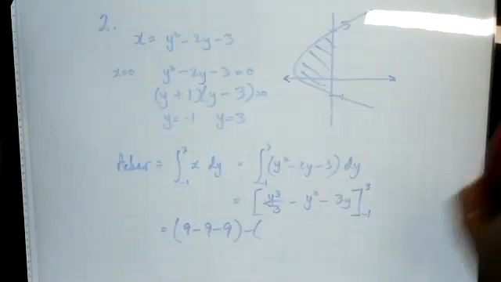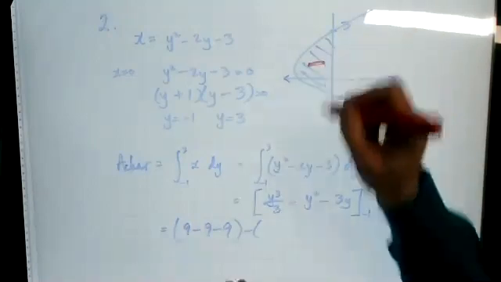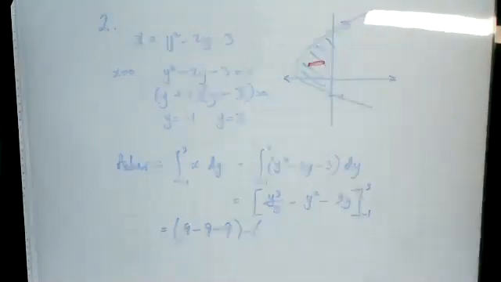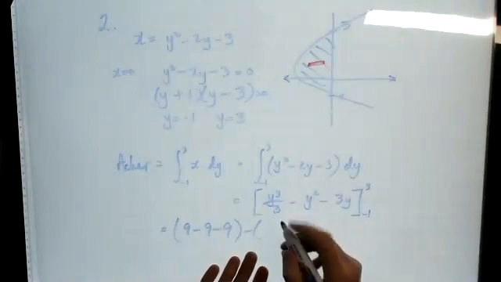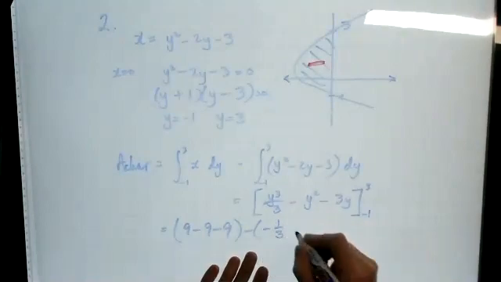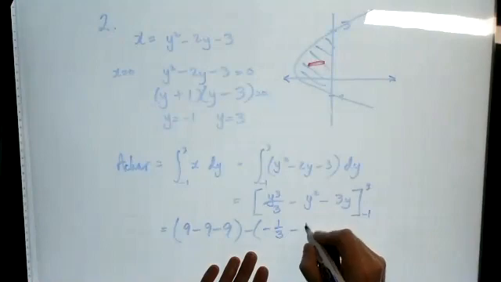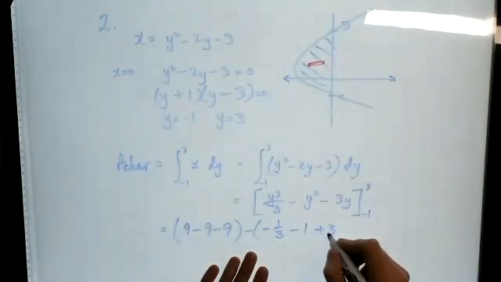Because the graph is on the negative side, we will get a negative answer. So it is minus 1, so you have minus 1 over 3 here, minus plus 3.